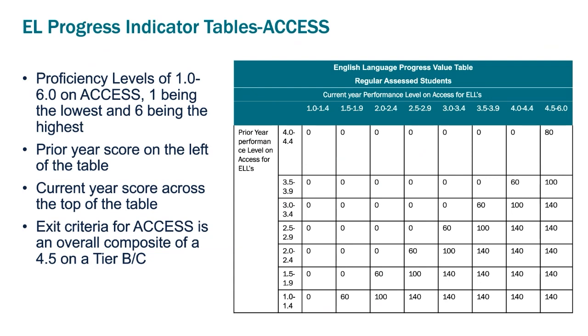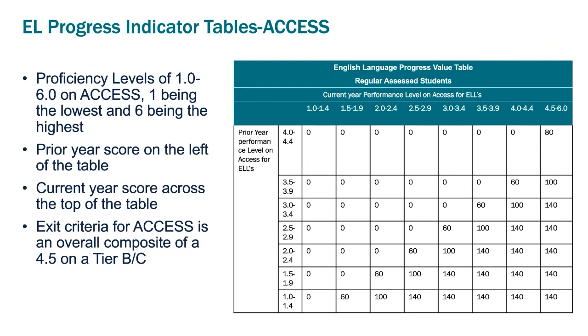And for ACCESS, it goes from proficiency levels of 1.0 to 6.0, 1 being the lowest and 6 being the highest. And you'll also note that prior year score will be on the left side of the table and current year will be across the top of the table.